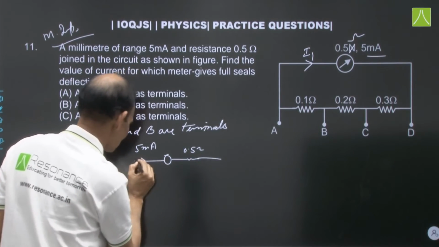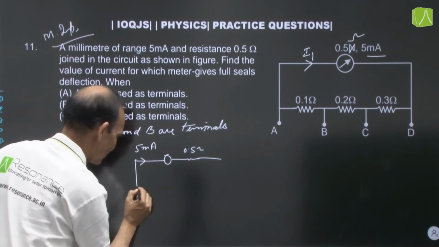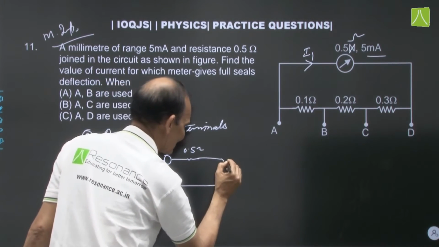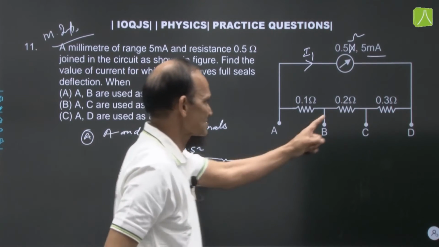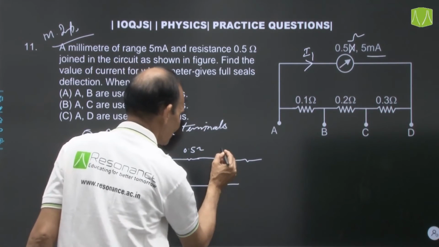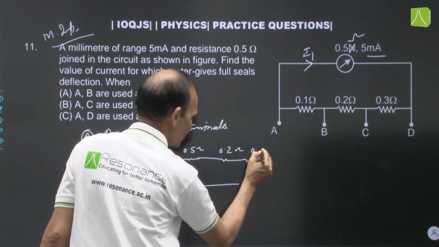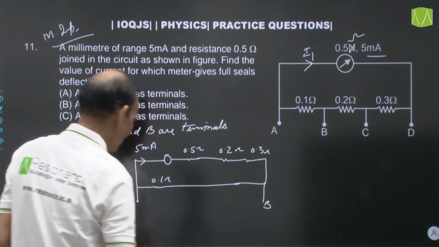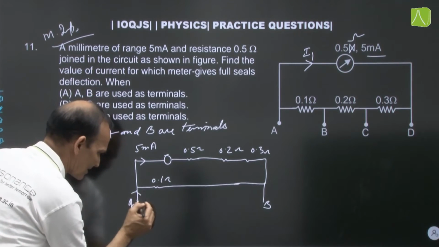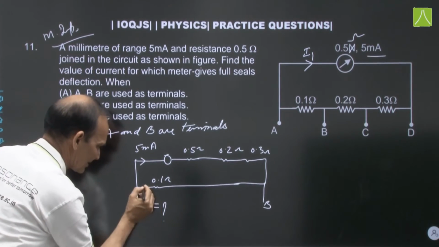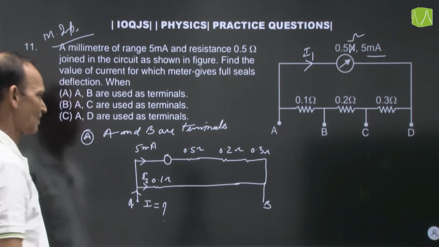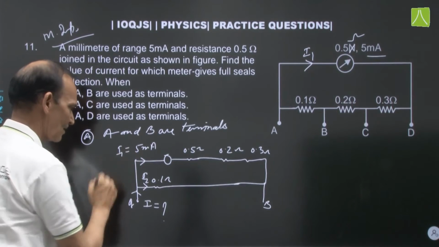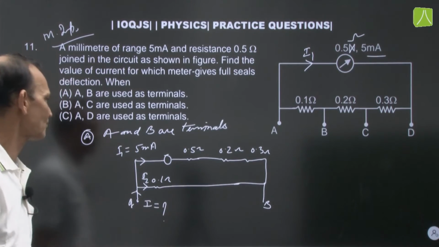Now think about this point is A, okay, it is 0.1 ohm, rest we can connect here. How much resistance? 0.2 and 0.3 ohm. This point is B. We have to find this current I. Suppose here current is I2. So I will be equal to I1 plus I2. We have to calculate I2.